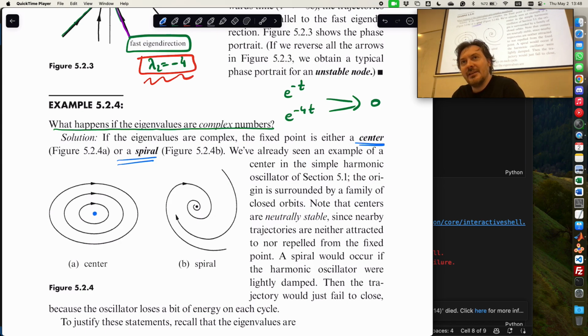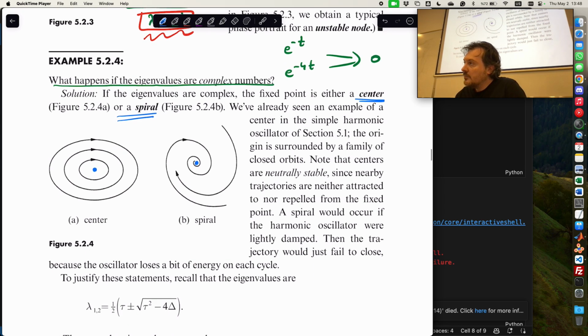Have we seen a center already? Yes, in the harmonic oscillator, right? We haven't seen a spiral, I guess, yet. Because we used the harmonic oscillator as well. I think we did, but not in this context. Oh, right. We have already seen an example of a center, the simple harmonic oscillator. The origin is surrounded by a family of closed orbits. Note that centers are neutrally stable since nearby trajectories are neither attracted nor repelled.